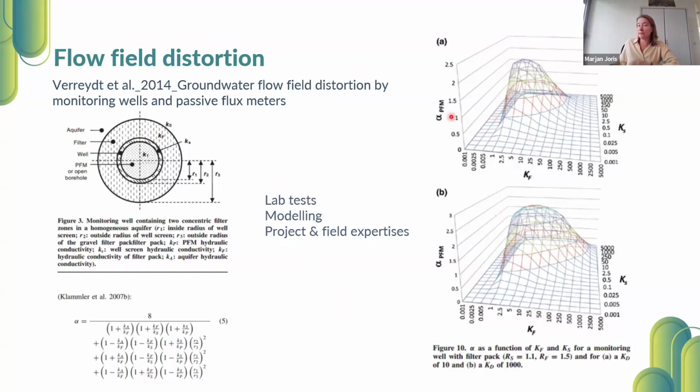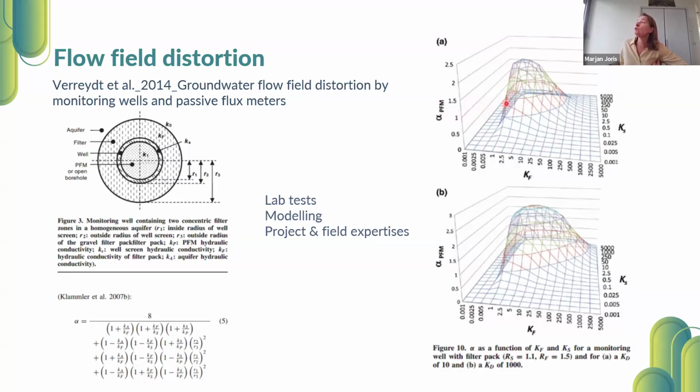Here you can see, for example, the plots of the functional relationship of alpha, the correction factor, with the hydraulic conductivity of the filter screen, the filter pack, and the different radii of the borehole and the well. For the most accurate measurement, it is best to have a correction factor close to 1, of course.